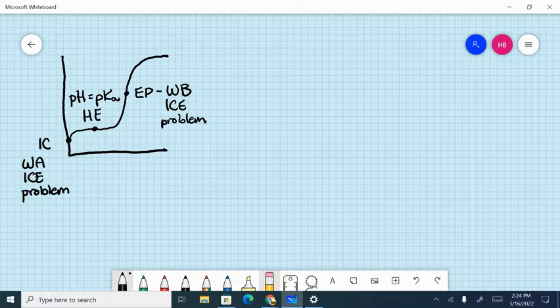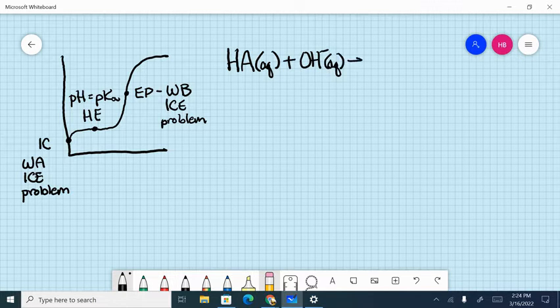So let's review the general form for a weak acid and strong base titration. Remember, an acid acts like an acid by donating a proton.